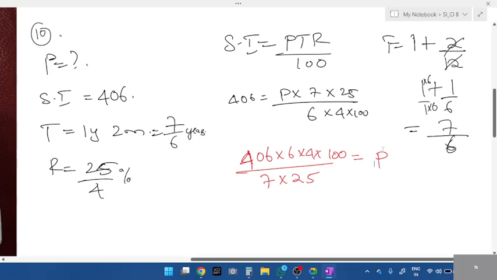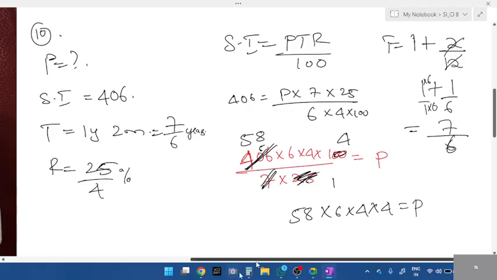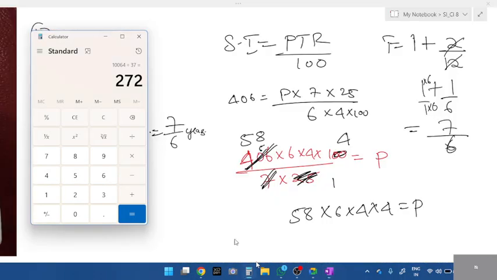5,568. Okay, so let me cancel it out directly. 25 goes 4 times. 7 ones are... how many times does 7 go in this? 7 fives are 35, 7 eights are 56. So 58 into 6 into 4 into 4 is equal to P. Have all of you others completed?